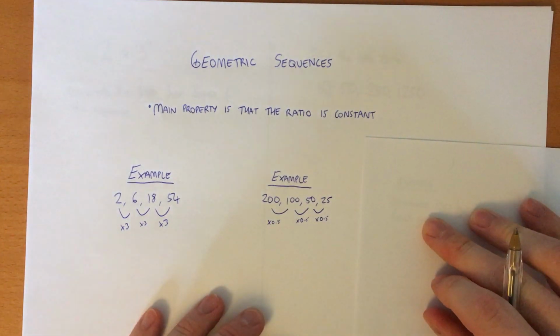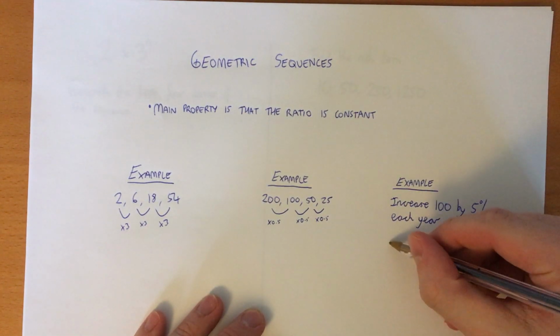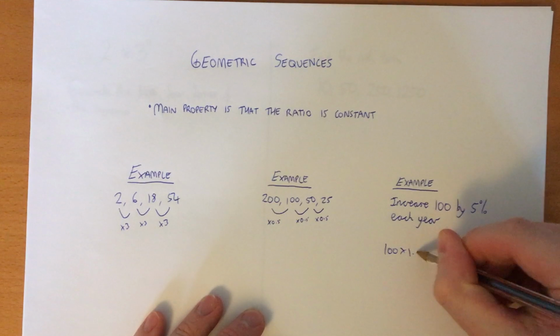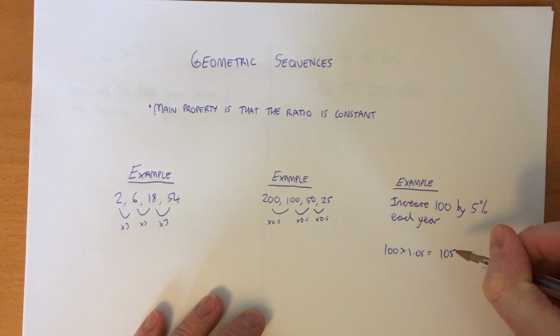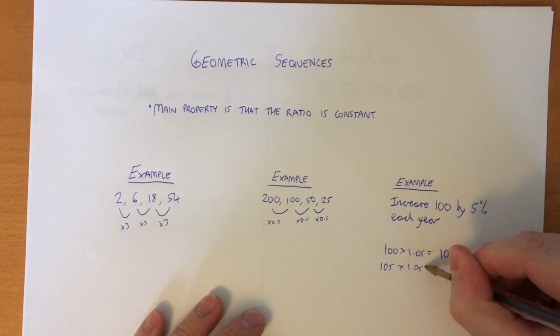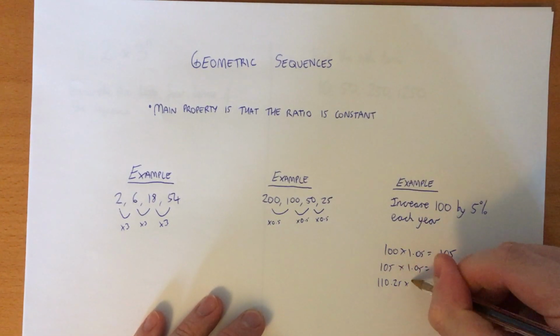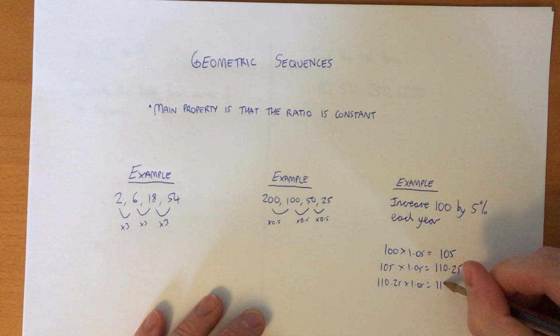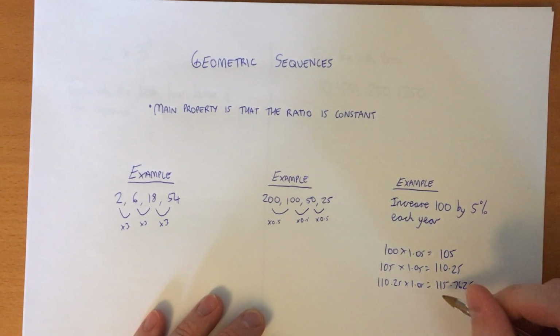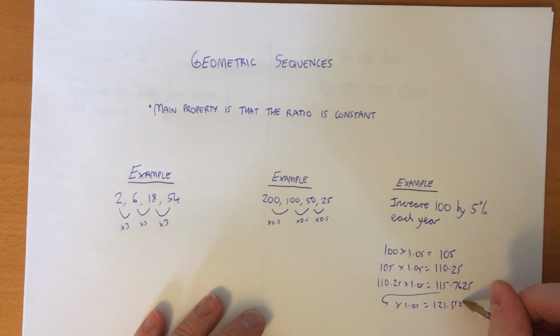And actually, as a reference in the first minute of this, compound interest also works with this. So if we increase 100 by 5% each year, using compound interest, we do 100 times 1.05 to get 105. Then we do 105 times 1.05 to get 110.25. 110.25 times 1.05 equals 115.7625, etc., etc., times 1.05 equals 121.5562.